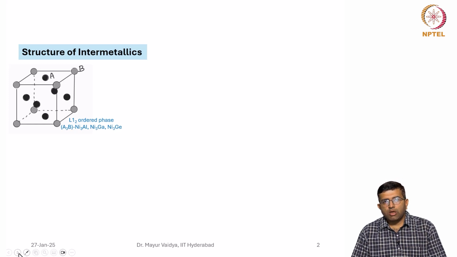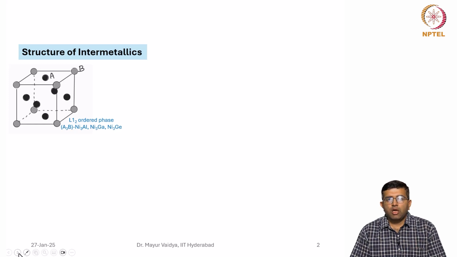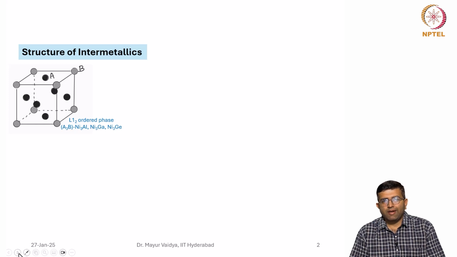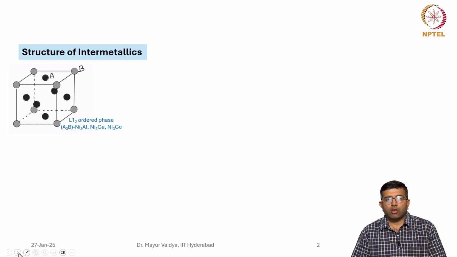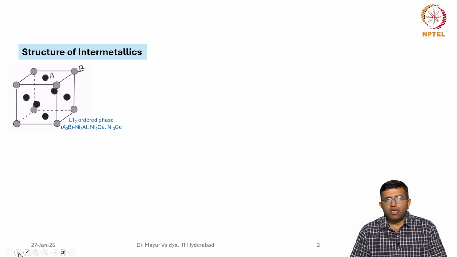You can have line compounds which form at a fixed composition, or intermetallics with a wider phase field. If you recollect, we took some examples when we talked about phase growth in interdiffusion. Some compounds have a narrow phase field or are line compounds, some have a wider phase field, and these are usually found in the center of the phase diagrams.